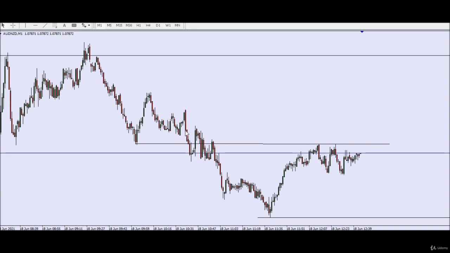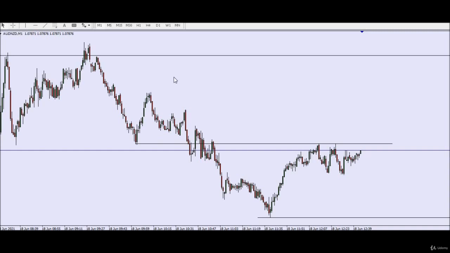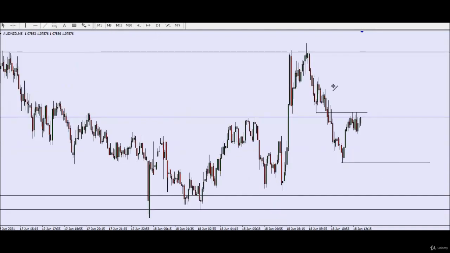Okay, so if you look, this level starts here, so it's an older level, and now what we can await on 1 minute time frame, we can await that the price can go. If you look at this, it looks like a small downtrend, so like this.